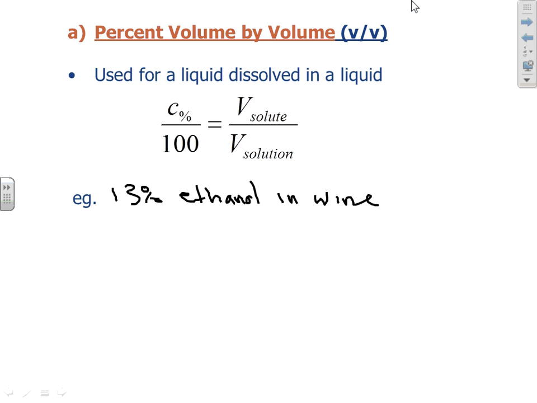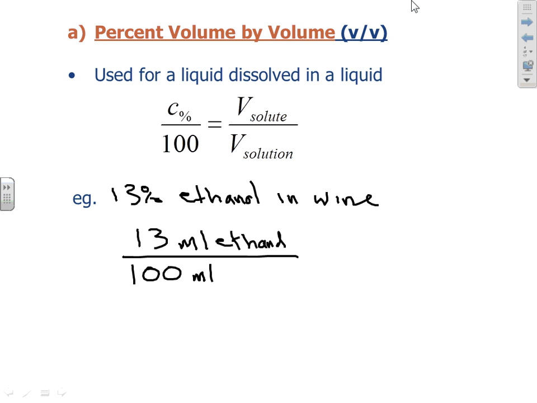So we could generate our ratio. It means that if I had 100 milliliters of wine, there would be 13 milliliters of ethanol. So from the 13%, we can say 13 milliliters ethanol per 100 milliliters of the solution, in this case, wine.